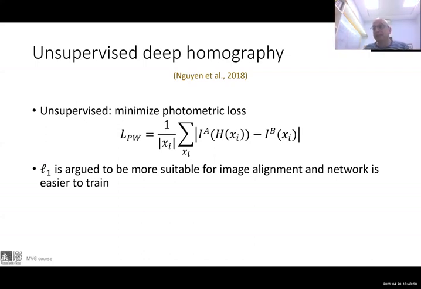And so I can simply compare the intensities or the colors. And that's what they did. They used an L1 norm, as you can see here. Sum of L1 differences between the transformed image and the registered to image. Okay, and trying to minimize that.